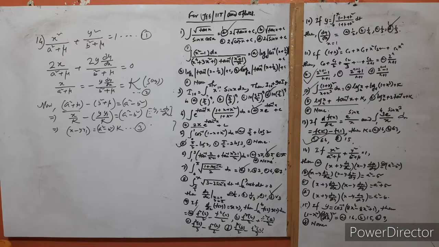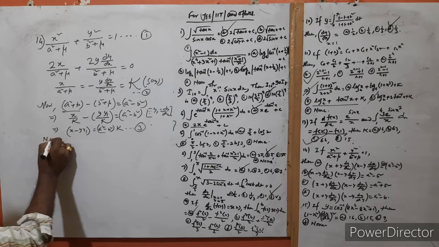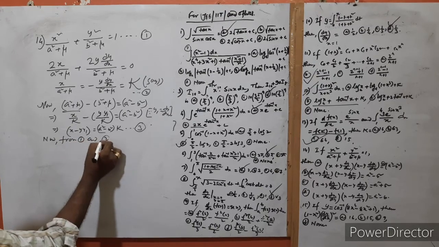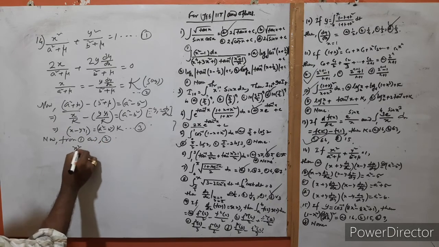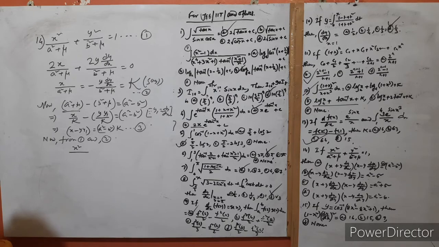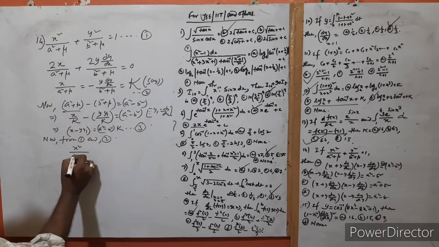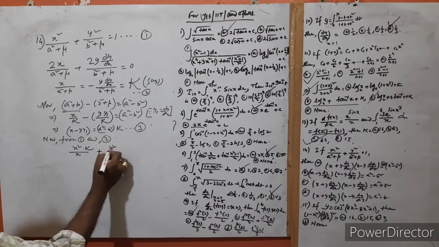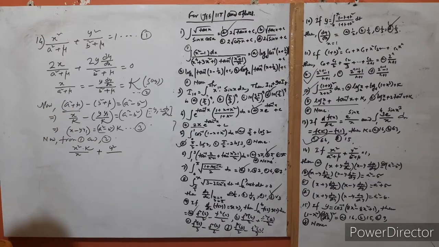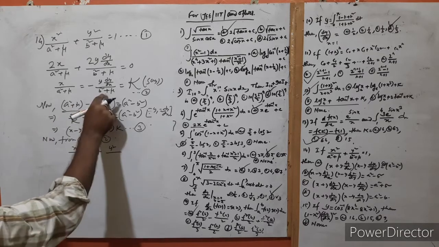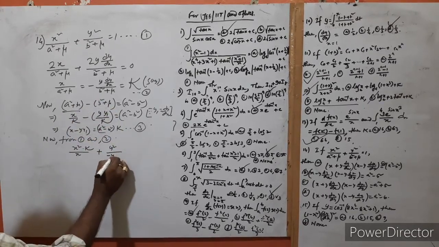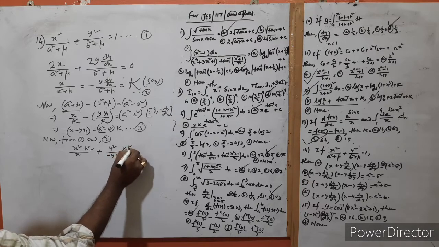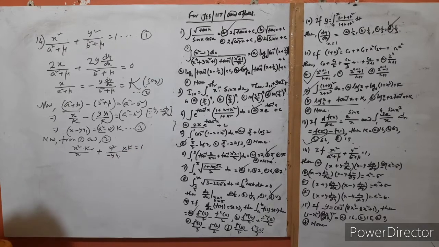Now from 1 and 2. So this is x square by a square plus mu, that is x by k, plus y square by b square plus mu, we can easily get minus y y1 by k, and this is 1.